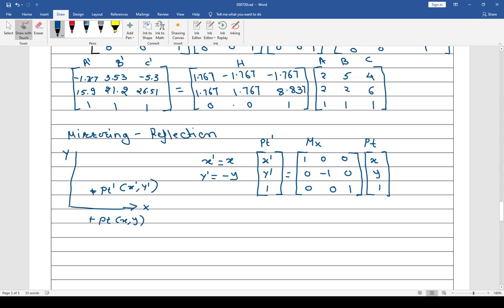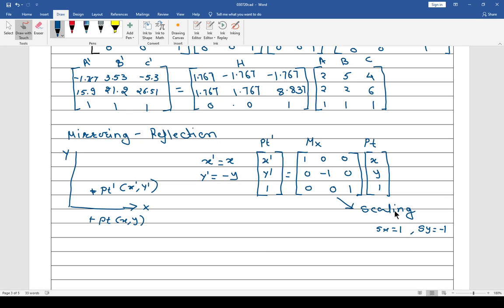Okay, so there is one similarity. If you look at your scaling matrix, it is pretty similar, where the value of Sx is 1 and Sy is minus 1. Therefore, in various softwares the mirroring is not provided separately.